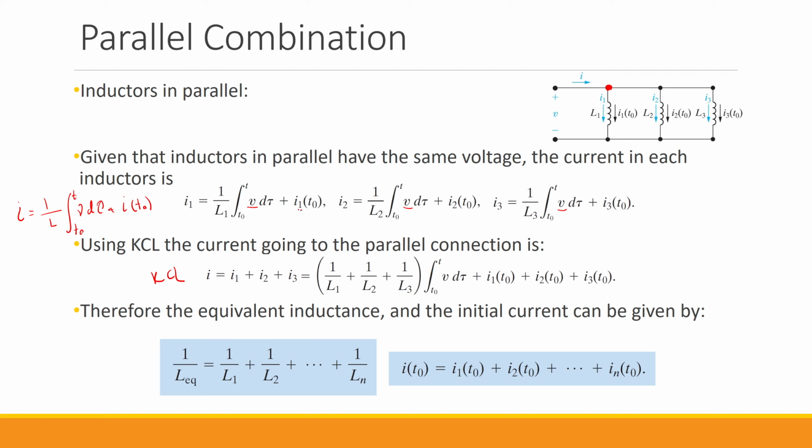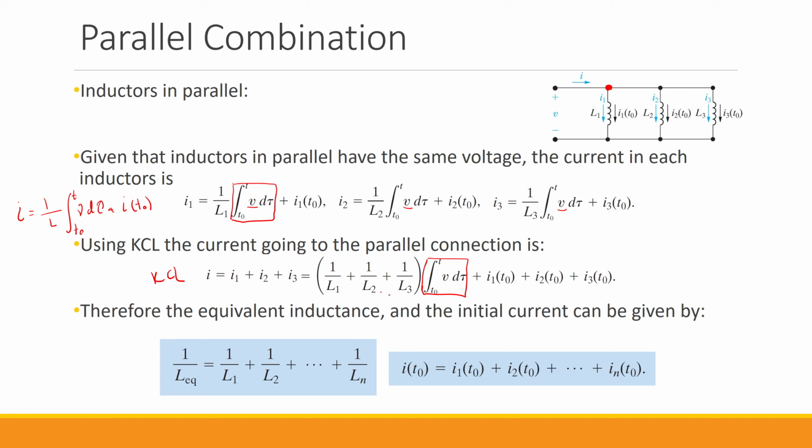In these three equations, what is common is the integral of the voltage, so we can factor that out. To the left we have 1 over L1 plus 1 over L2 plus 1 over L3 multiplied by this integral, plus I1 at time T0, I2 at time T0 and I3 at time T0.